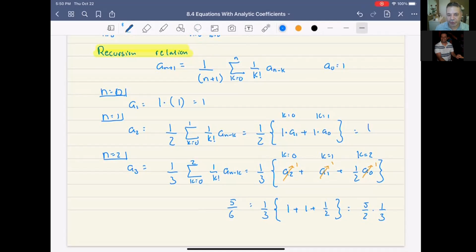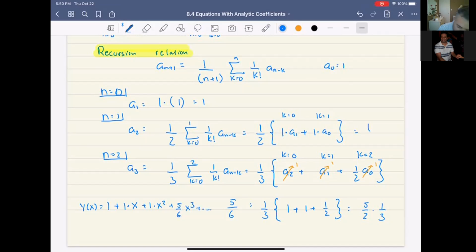But if I were to do up to 3, then my basic solution is y of x approximately equals 1 plus 1 times x, that's the a1 x, plus 1 times x squared, plus 5/6 x cubed.